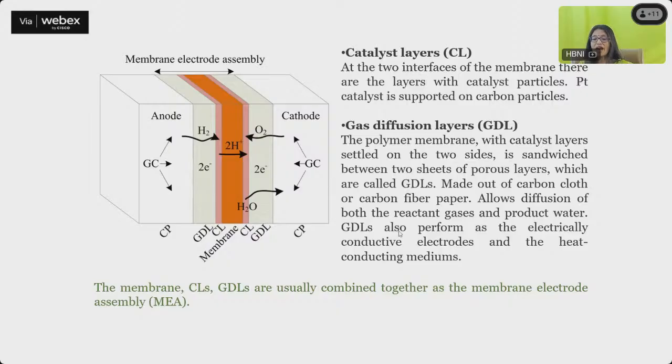So this performs as electrically conductive electrodes and the heat conducting medium. So it has a dual purpose. It is going to act both as an electrically conductive electrode, and it is also going to act as a heat conducting medium. So this membrane, this catalyst layer, and the GDLs all combined together is something which is known as the membrane electrode assembly. Okay.